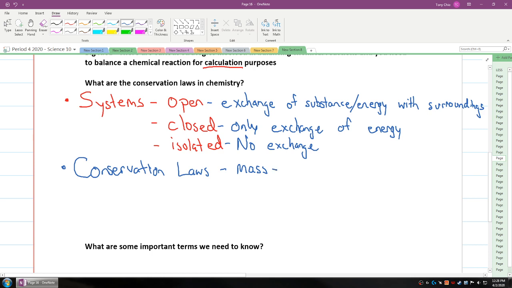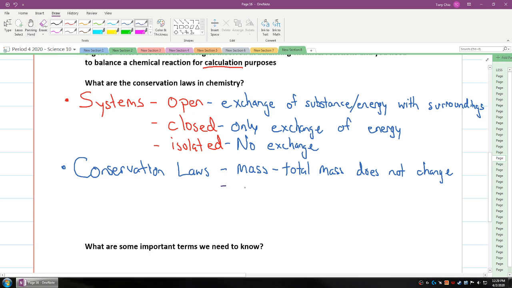Mass just means that because mass is conserved, total mass from start to finish of the reaction does not change. So that means when a reaction progresses, the mass will not change.